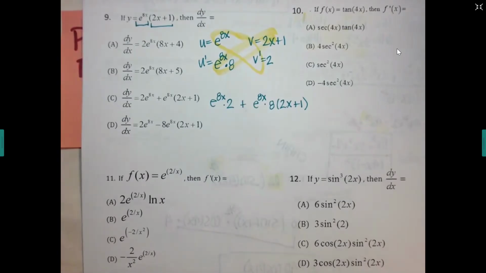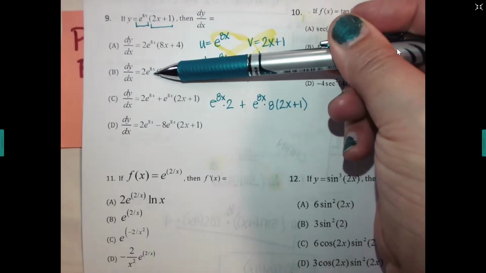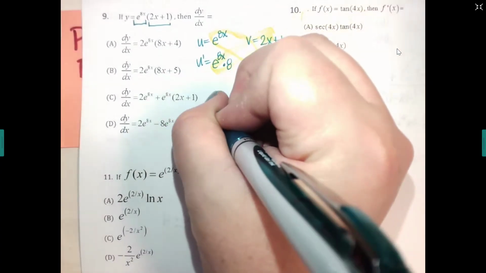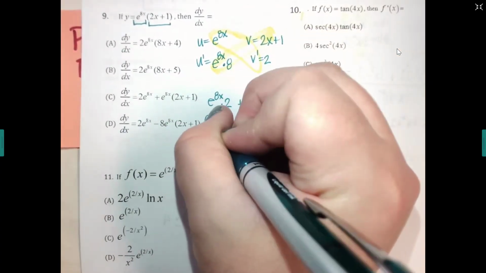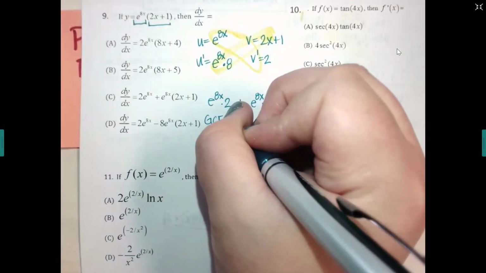So you're going to have to think about, okay, how can I simplify my answer so that it looks the same as an answer choice? Do you notice that on several of these answers, the e to the 8x is pulled out? We're going to do that as well. So take out a GCF of e to the 8x, and we're going to take out a 2 with it.